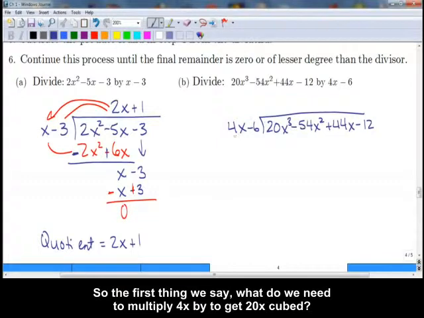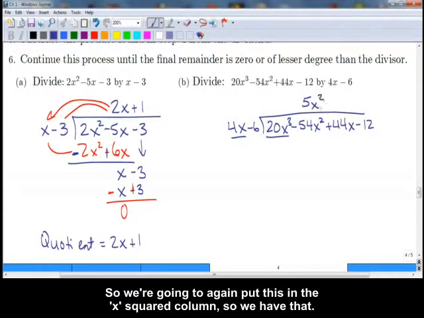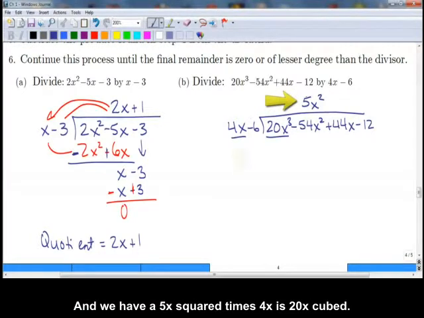So the first thing we say, what do we need to multiply 4x by to get 20x cubed? Or what is 20x cubed divided by 4x? In this case, it would be 5x squared. So we're going to, again, put this in the x squared column, so we have that. And we have 5x squared times 4x is 20x cubed.